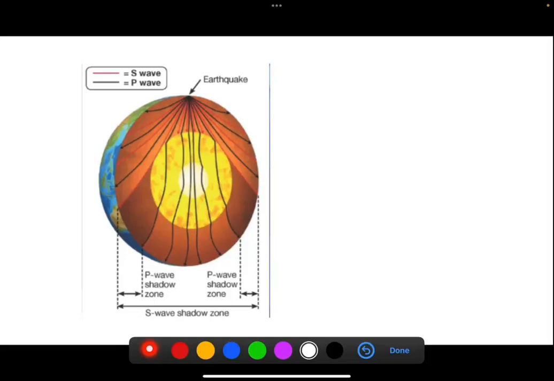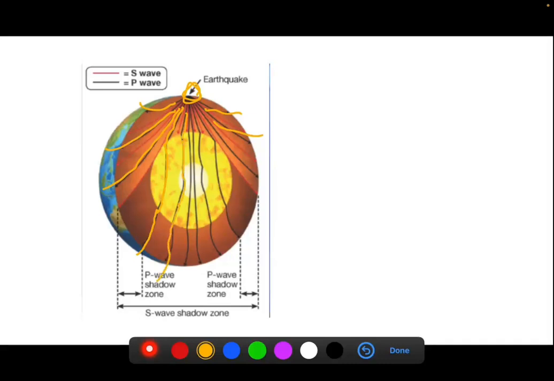Finally, we have a picture here of the S and P waves. We talked about this earlier. But if we have an earthquake that starts right here, the waves are going to reflect and refract out. And once they hit the outer core, the P waves are going to slow down and go through it like this.